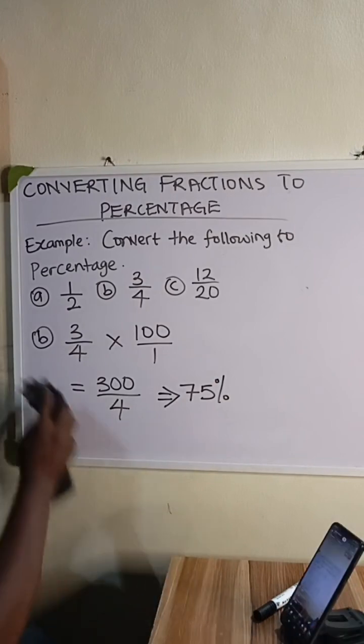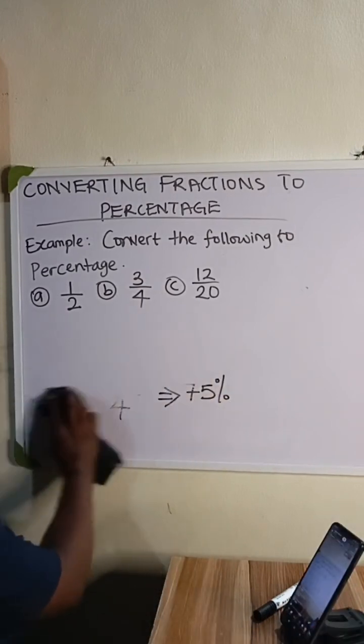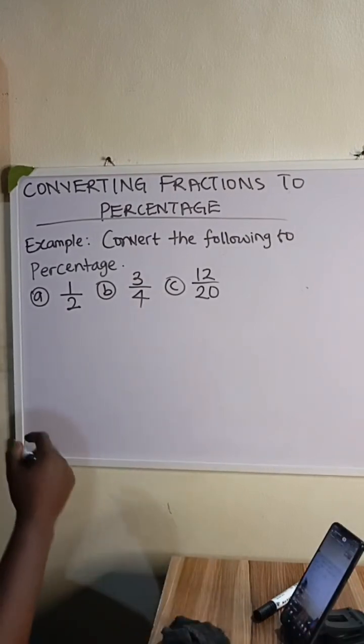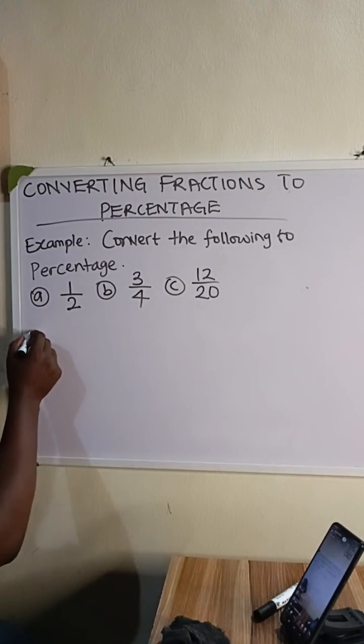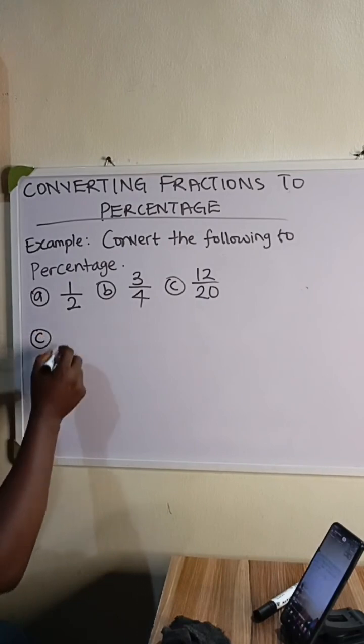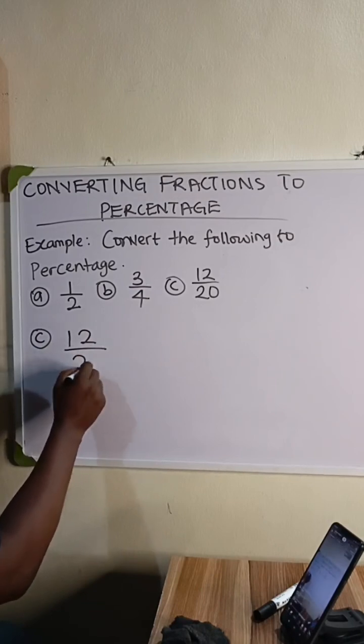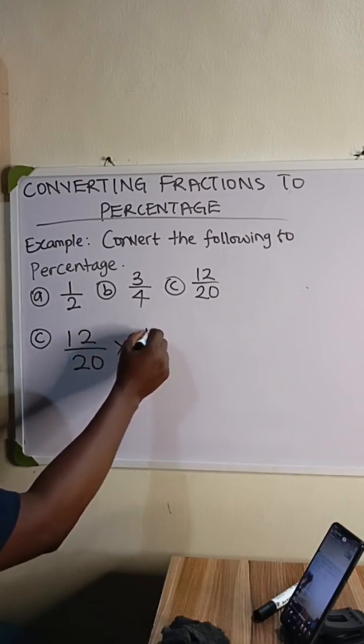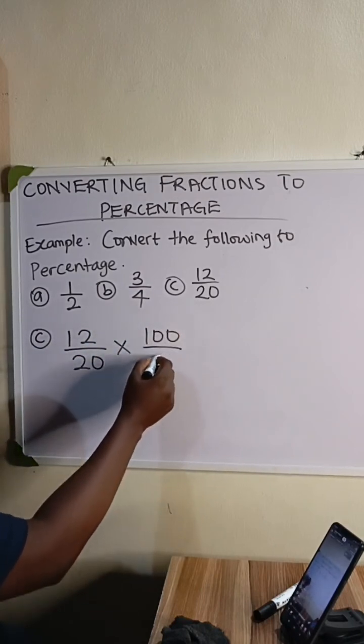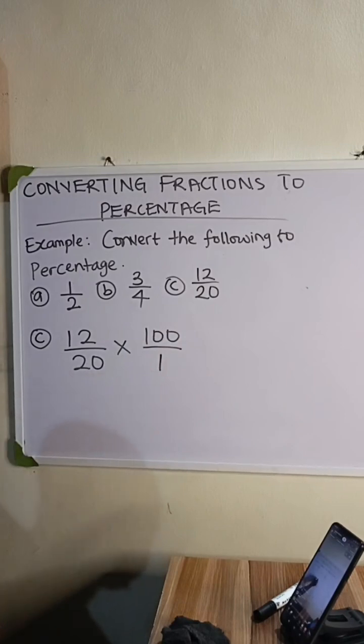Okay, let's look at C. We have 12 over 20 times 100. Okay.